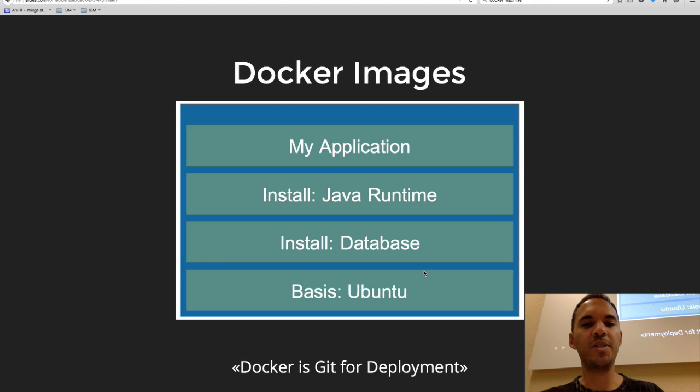And then you do your stuff, install a database, install a Java runtime, install your application, and then you have your own image, and that you can ship around. You can send it to somebody, or you can push it back to any registry and just give somebody access to that registry and to use it.